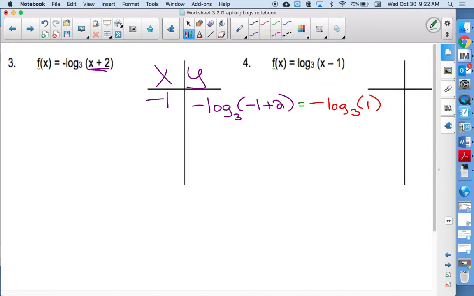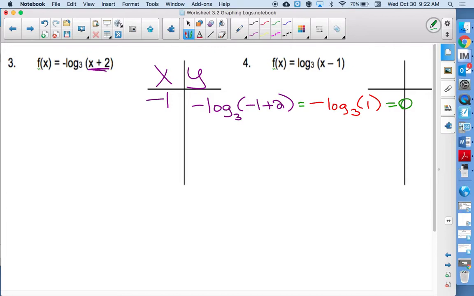So I plug in the number 1. Now it looks exactly like my property, and it's supposed to be equal to 0, because the log base any number of 1 is equal to 0. When I multiply that by a negative, it still gives me the value of 0. So I'm picking a number so that whatever's in my parentheses becomes the number 1.